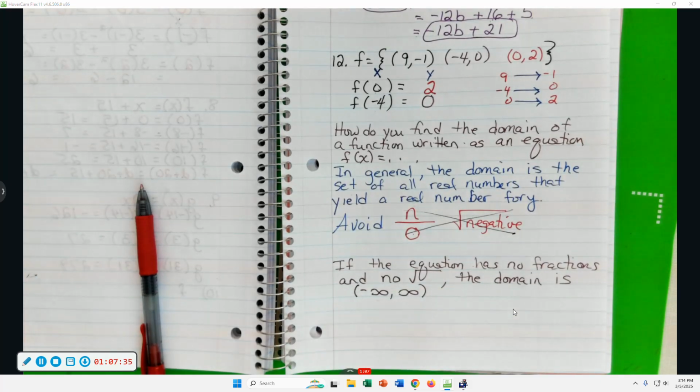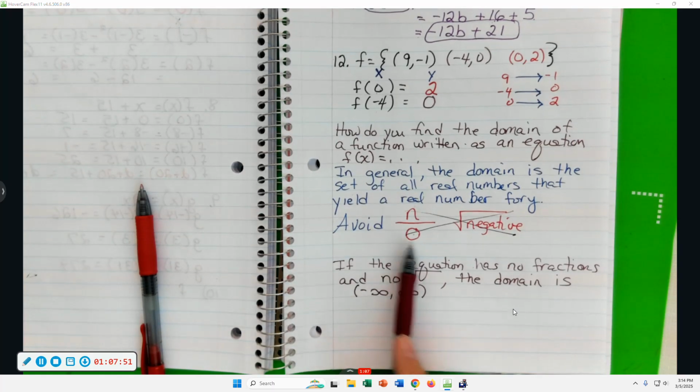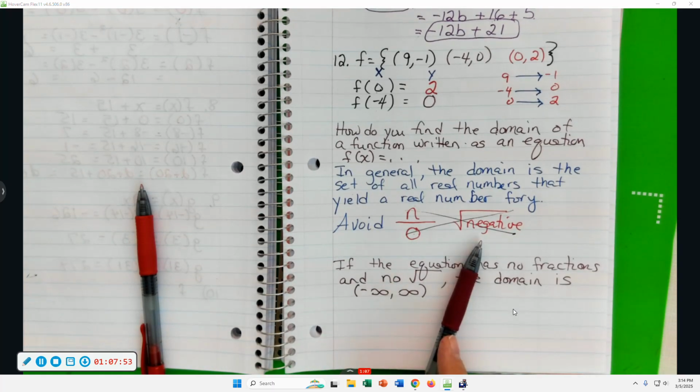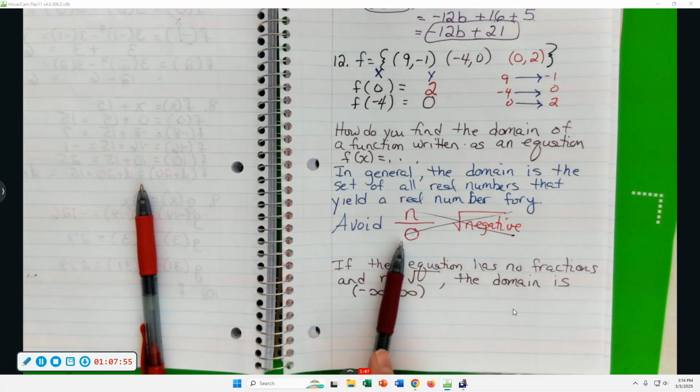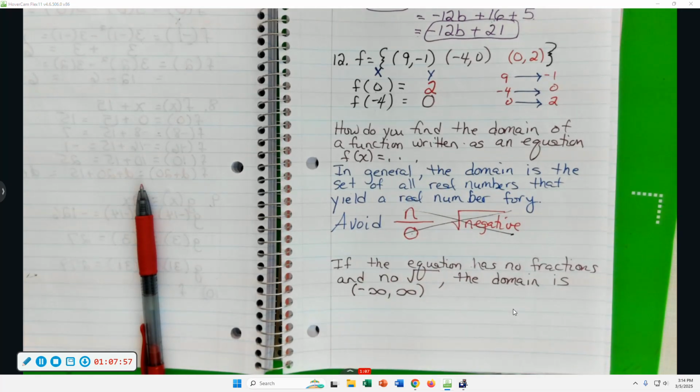That's easy. The domain is all real numbers. Why? Well, you can plug anything in. You'll never get a 0 in the bottom of a fraction or a negative number under a square root if there's no fractions or square roots.